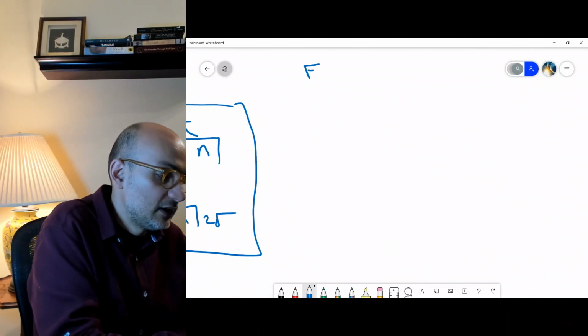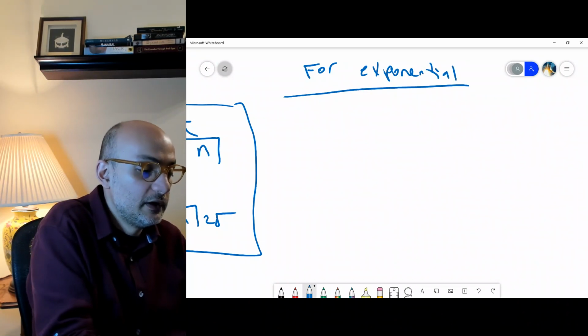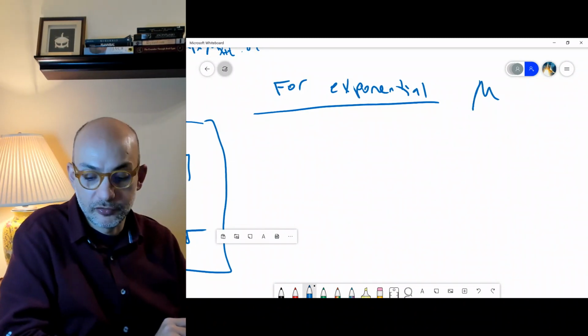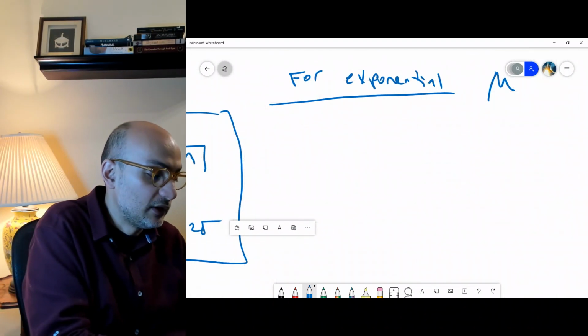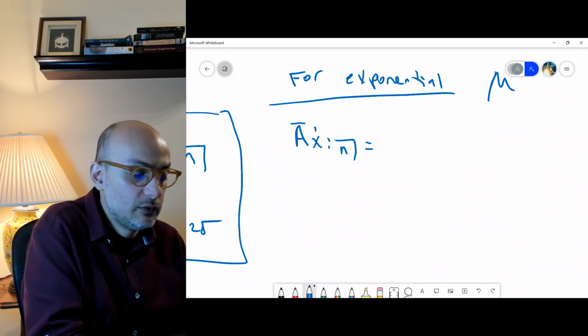For the exponential distribution, with μ the force of mortality, same logic. Now Ā x angle n is similar to what we did in the past.